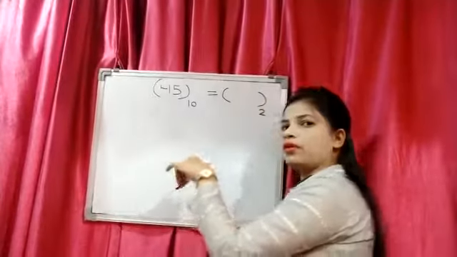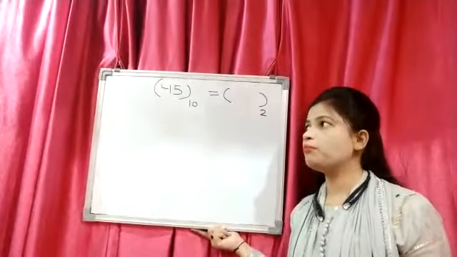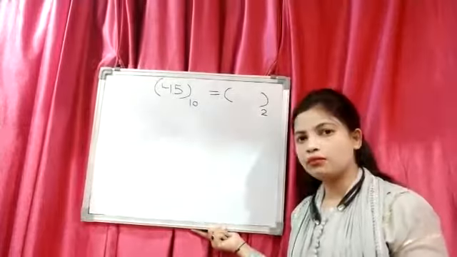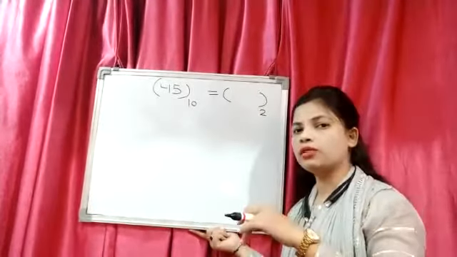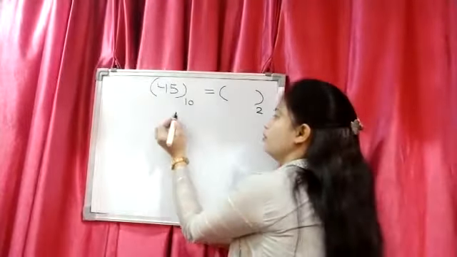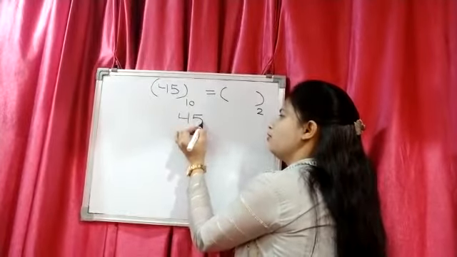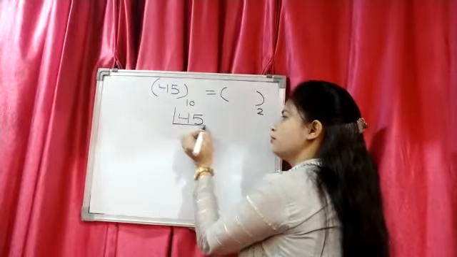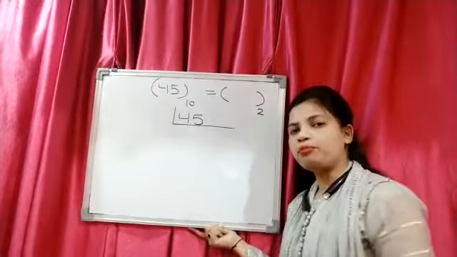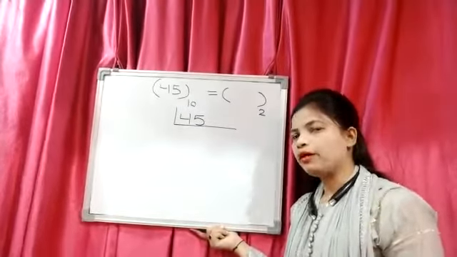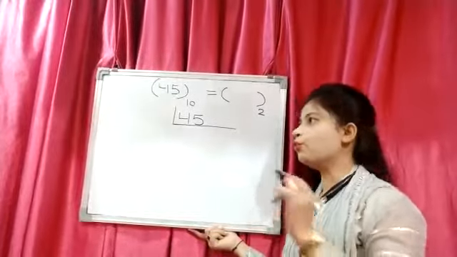First step, student. What is the first step? Write down the given number, or write down the decimal number. So, write down the decimal number, that is 45. Next step, divide the number with the base 2.